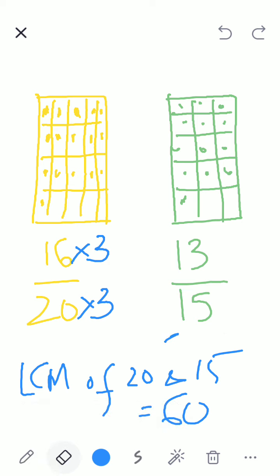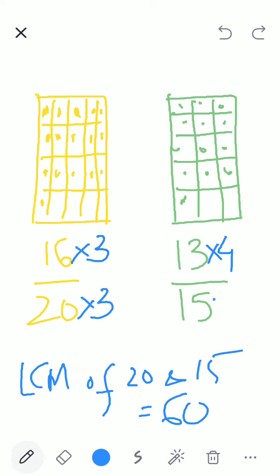Who will explain to me? Bhargavi. Now 15, how will I make 60? Very good. So 15 into 4. 15 fours are 60. I'll write this slightly smaller because my board is small.